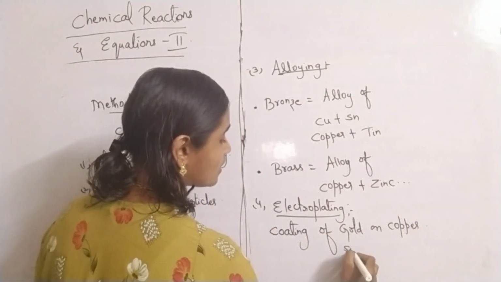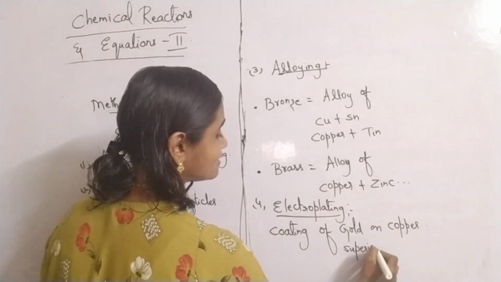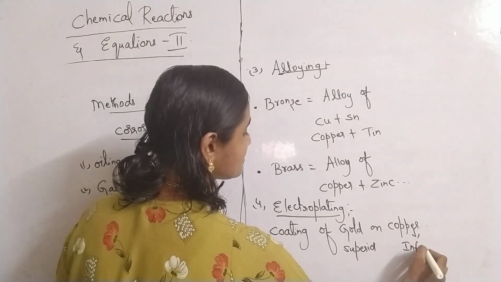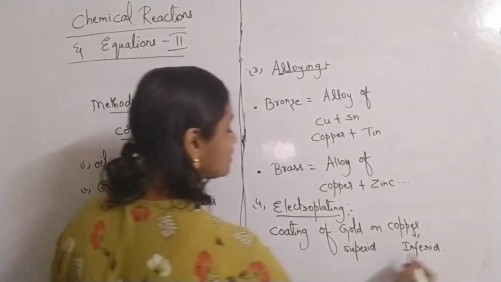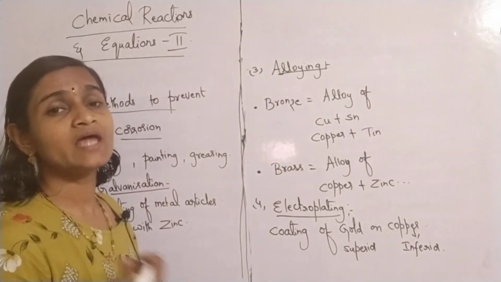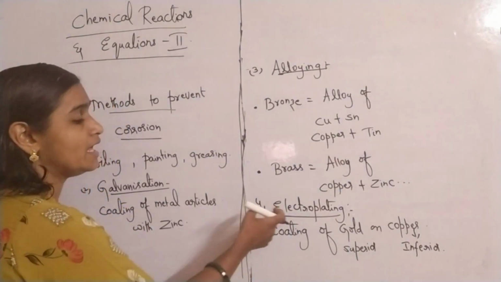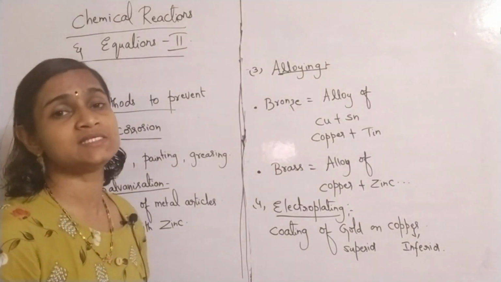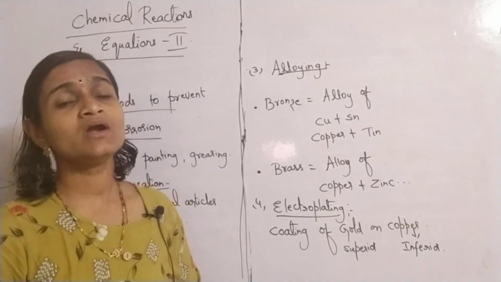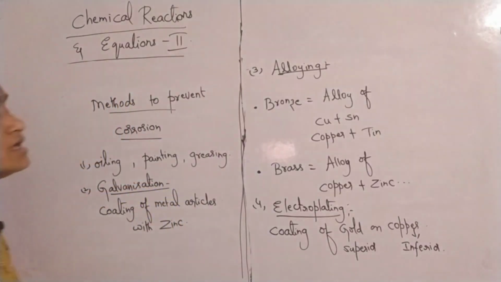So gold is called the superior metal, whereas copper is considered the inferior metal. Coating of superior metal over an inferior metal, by passing electricity through it, is called electroplating. So these are the different methods to avoid corrosion reactions.